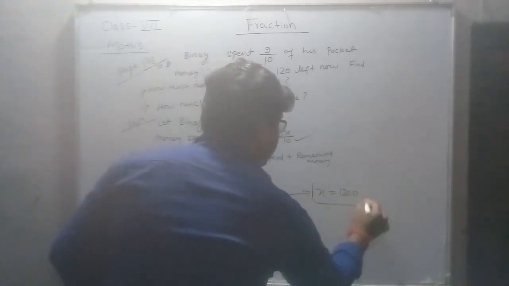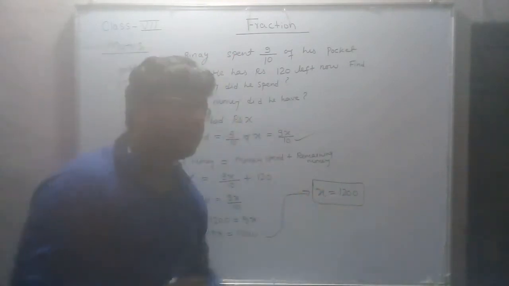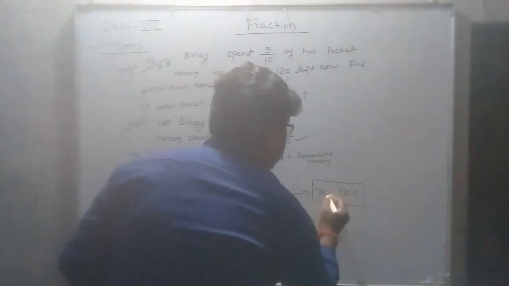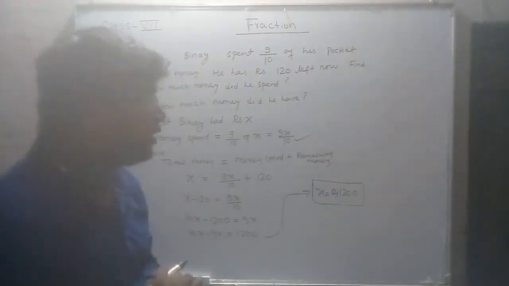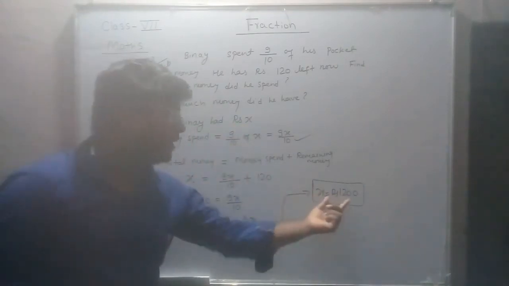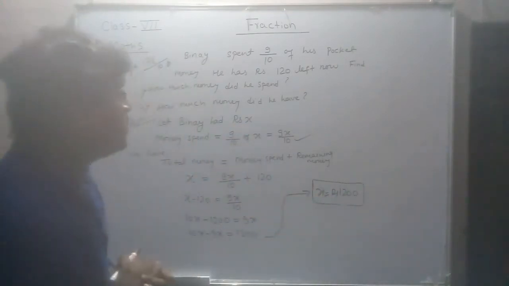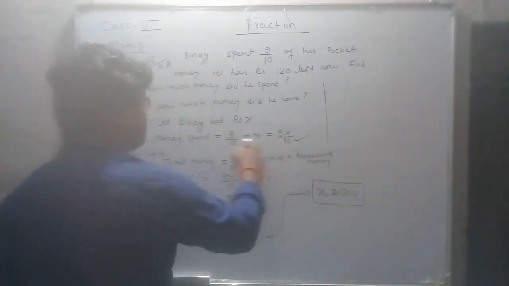So what is the money with him? Binay has actually rupees 1200. So how much money did Binay have? Binay had rupees 1200. And how much money did he spend? You can put the values here.